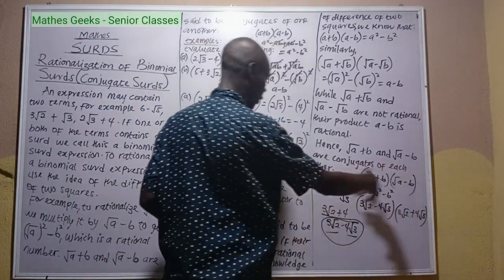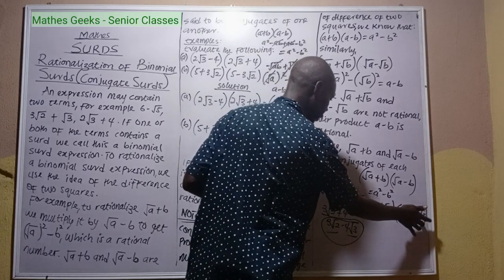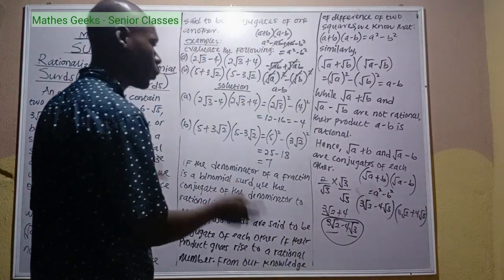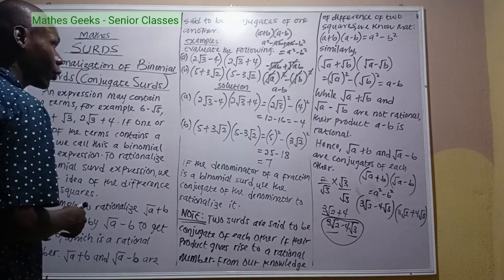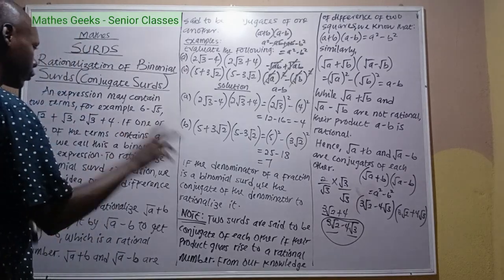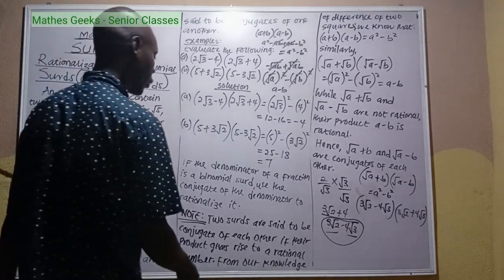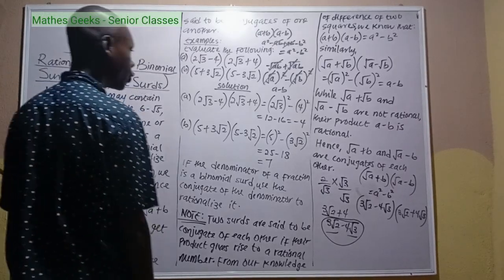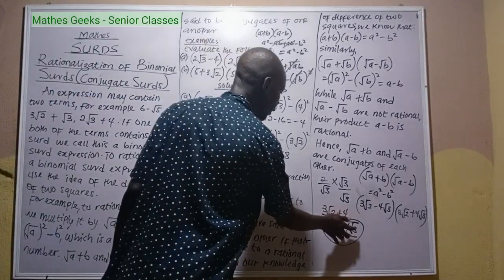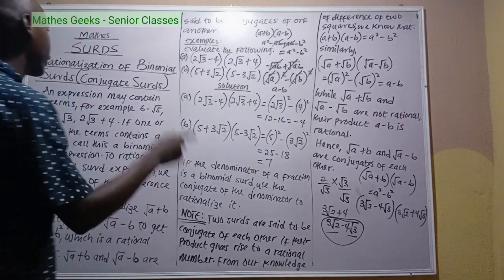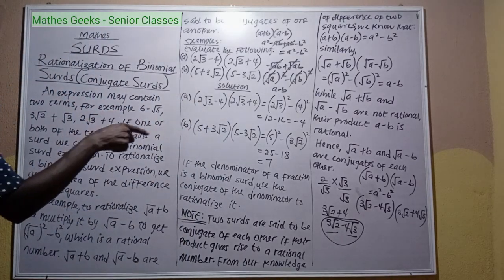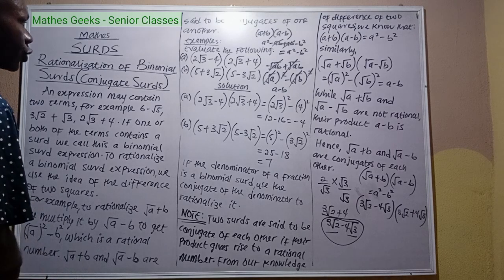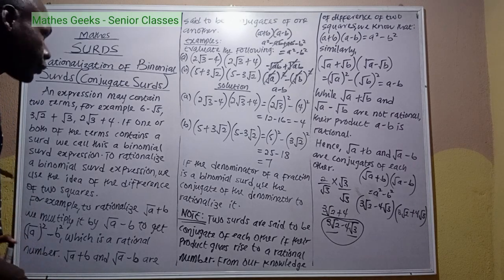The other bracket will have the same terms, but the opposite sign, and it's usually between minus plus or plus minus. So that's all there is. The examples I'm going to take from this point on will show how the knowledge of this is essential. We'll be using what I've explained here to carry out simplification of binomial surds.